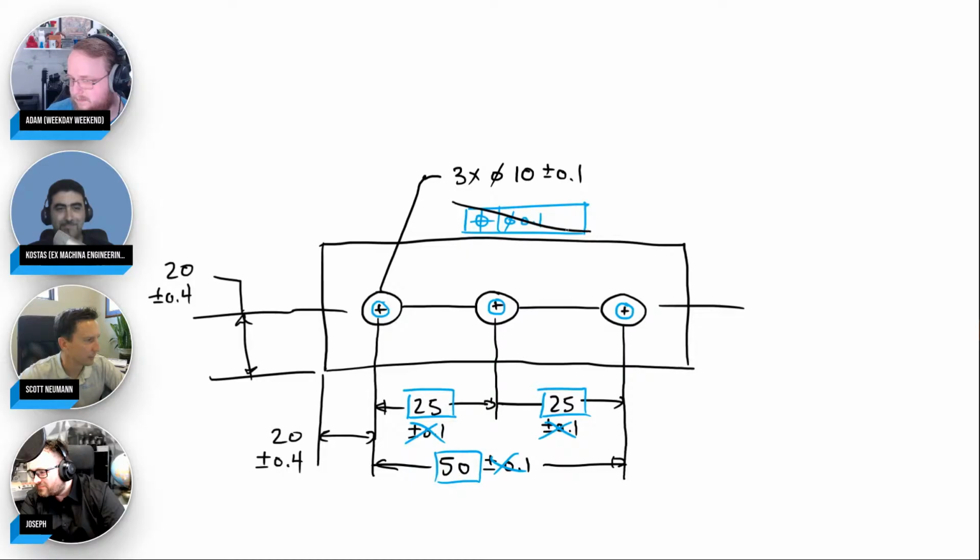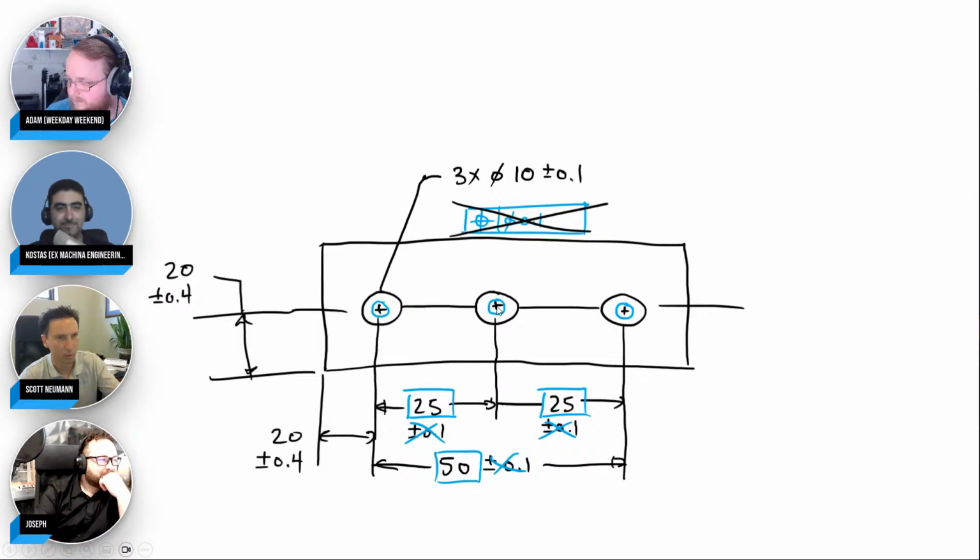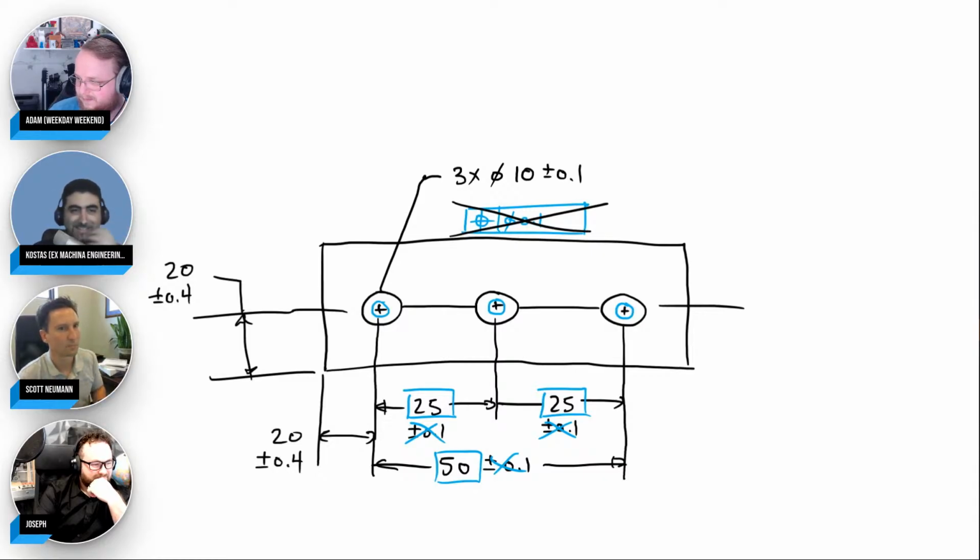Now, if we take the position tolerance off for a second and go back to plus or minus world, what does 20 plus or minus 0.4 mean? Does that mean that hole can go up 0.4 and that hole could go down 0.4? Or does that mean they have to go together, plus or minus 0.4? Well, you're not specifying the horizontalness of it like you would in CAD, actually.